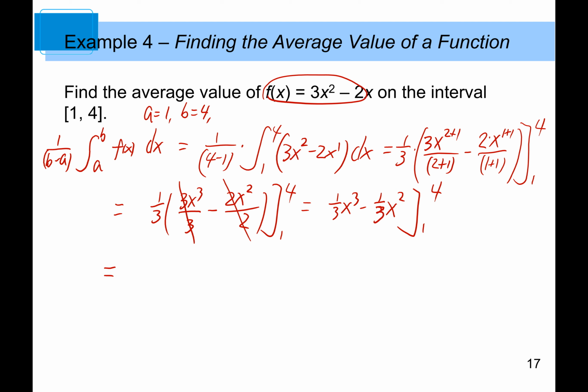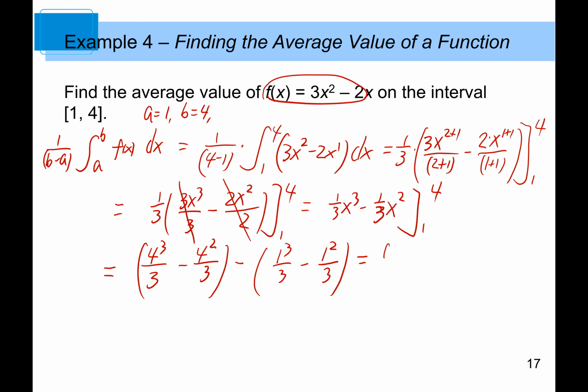Now plug in 4 first, we get 1/3 times 4 cubed minus 4 squared. And plug in 1: 1 cubed minus 1 squared. Four cubed is 64, 4 squared is 16, minus 1 minus 1. This gets cancelled. 64 minus 16 is 48.